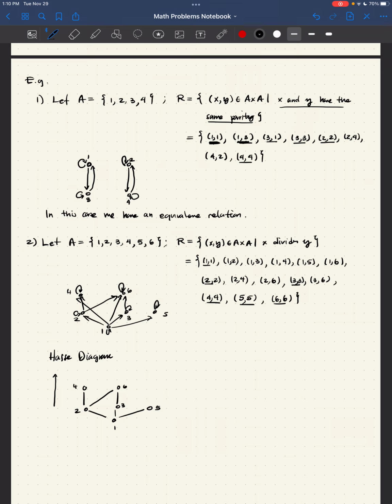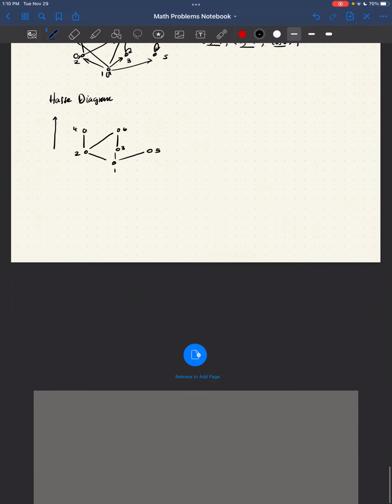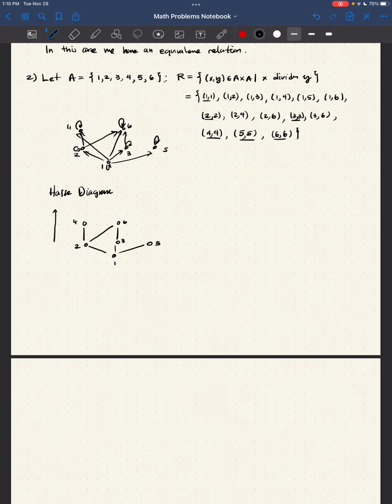Okay, so what about another example of this type of relation? This time, I'm going to let A be the power set of the set containing 1, 2, and 3.